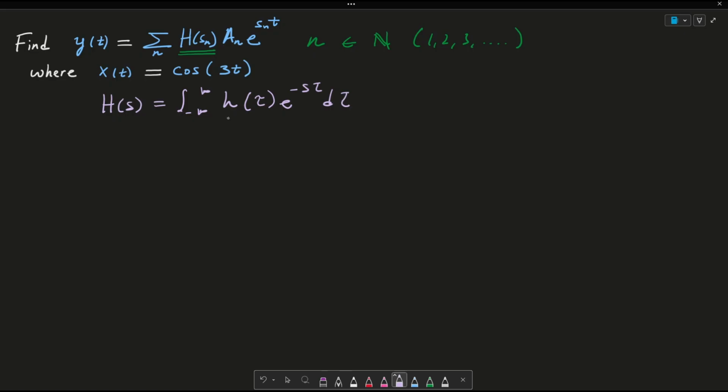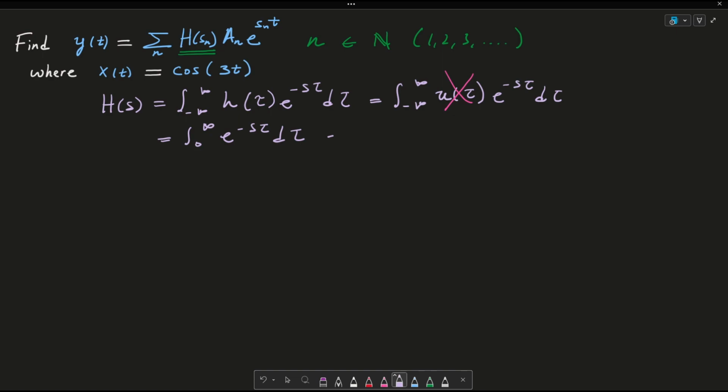From part 1 of this example, we found that the impulse response h tau is equated to the integral from negative infinity to infinity u tau, the unit step function, e to the minus s tau d tau. So again, we can equate this to the integral from 0 to infinity of e to the minus s tau d tau, where the unit step function goes away and our limits are from 0 to infinity. I hope this makes sense.